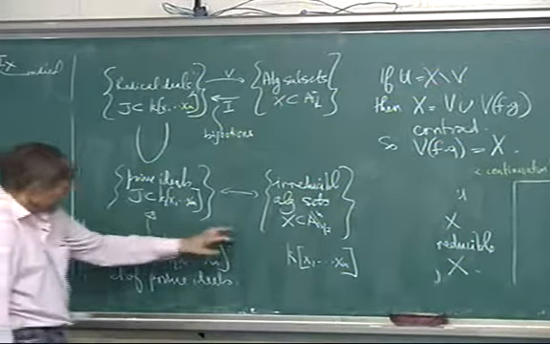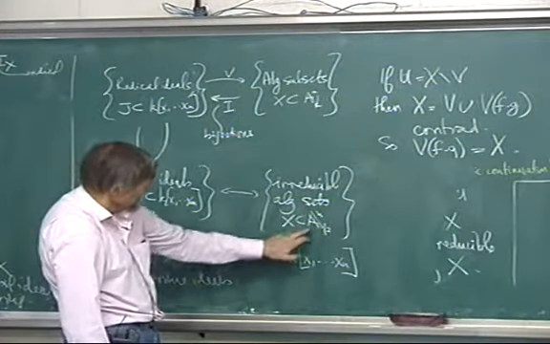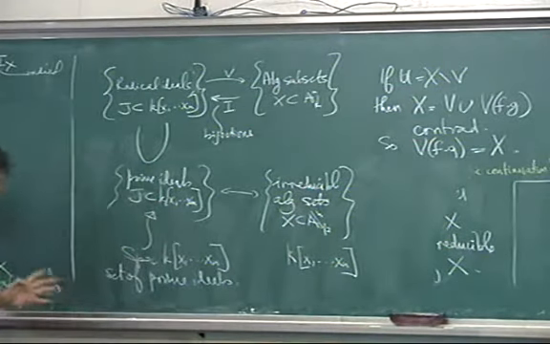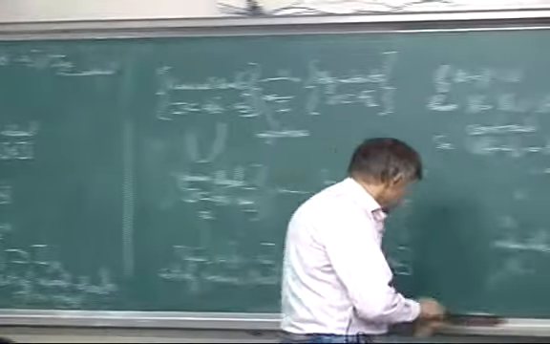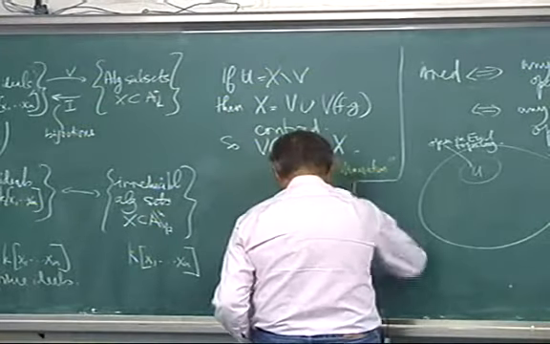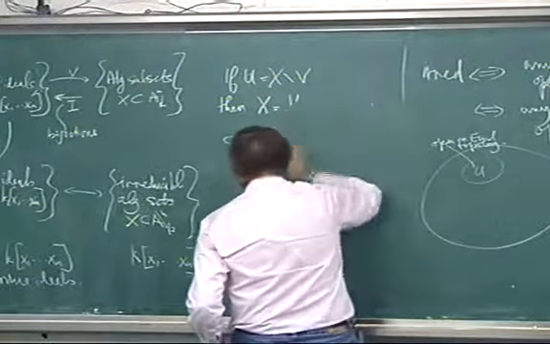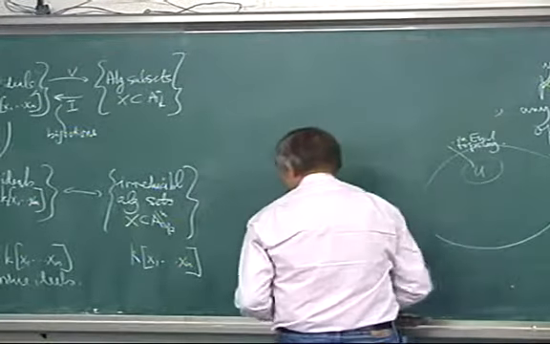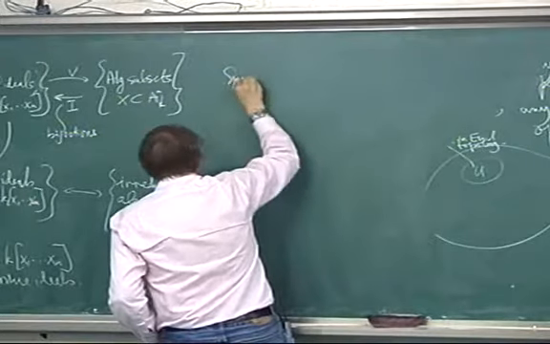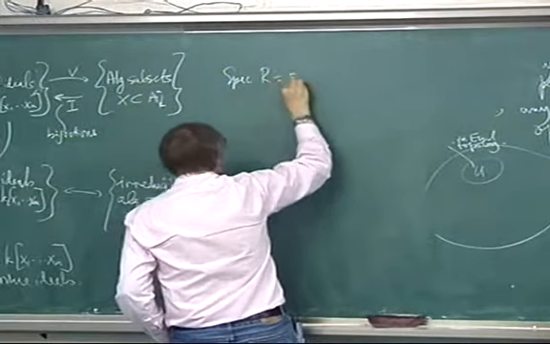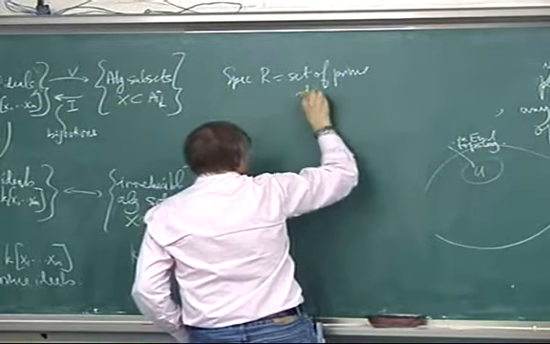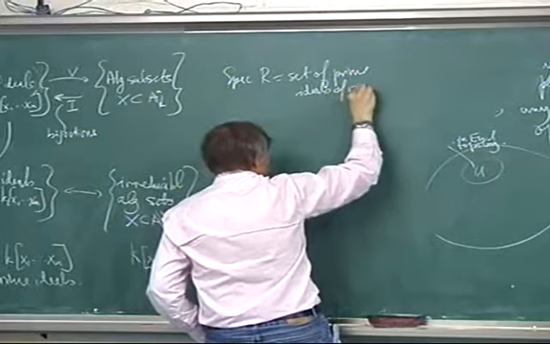And then these correspond one-to-one with irreducible algebraic subsets inside this space, AN of K. And so in this case, I'm not going to talk about schemes to any degree, but some of you will eventually have to grapple with them. So spec of R is the set of prime ideals of the ring R.